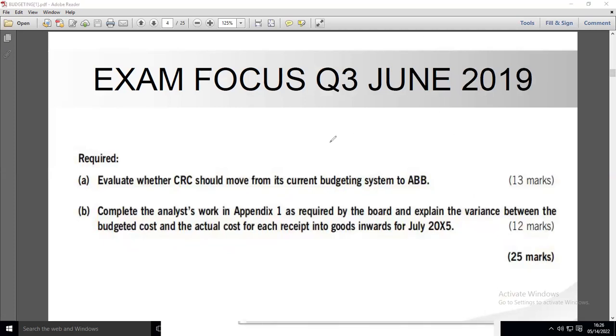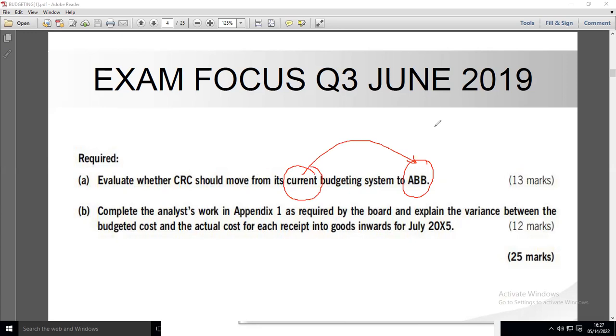In 2019, let's review the question there. Evaluate whether CRC should move from current budgeting to activity-based budgeting. Should they move? Whatever the current budgeting system is, you will find it in the question.